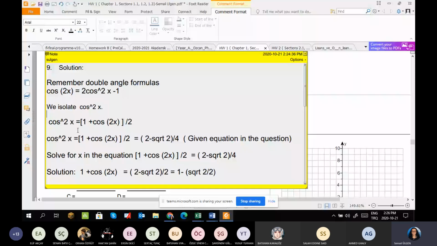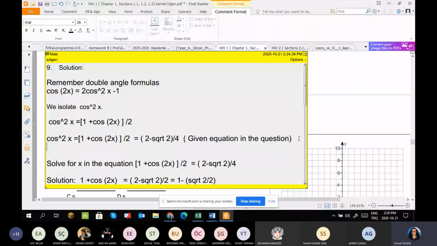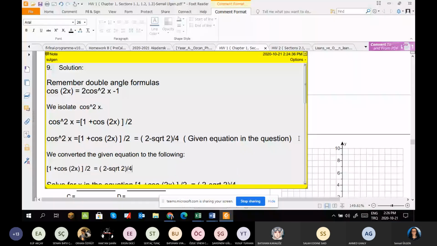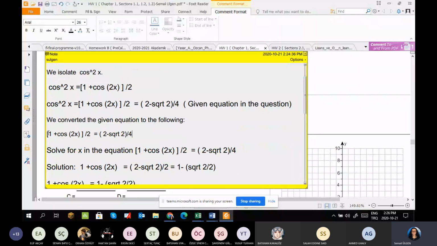Let me write it here. We converted the given equation to the following, which is this. Now we are just focusing on this one. We don't worry about the previous ones. We are going to solve for x in this equation. Let me write this as equation 2.